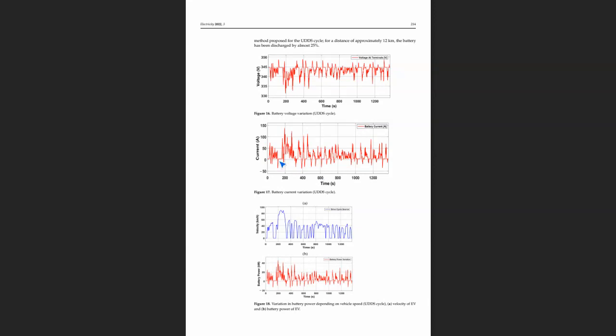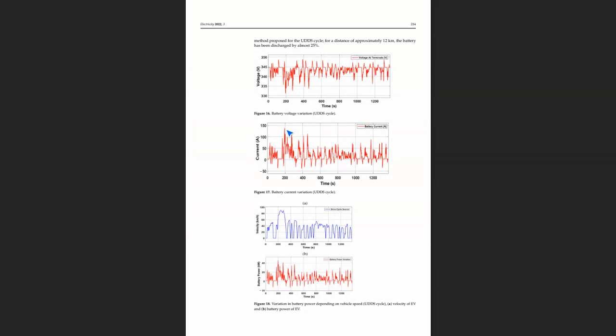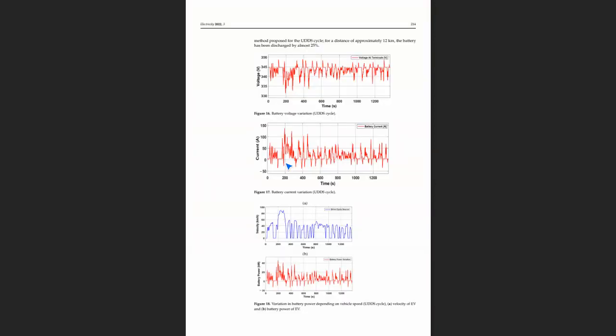Why does it sometimes have a peak? Because this is the acceleration time in the driving cycle. What does that mean? This is regenerative braking time. Current goes negative. In this situation, they generate energy.